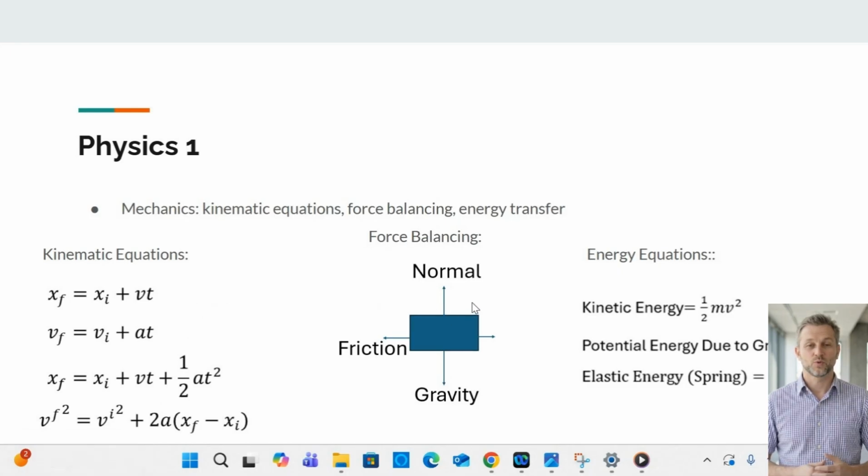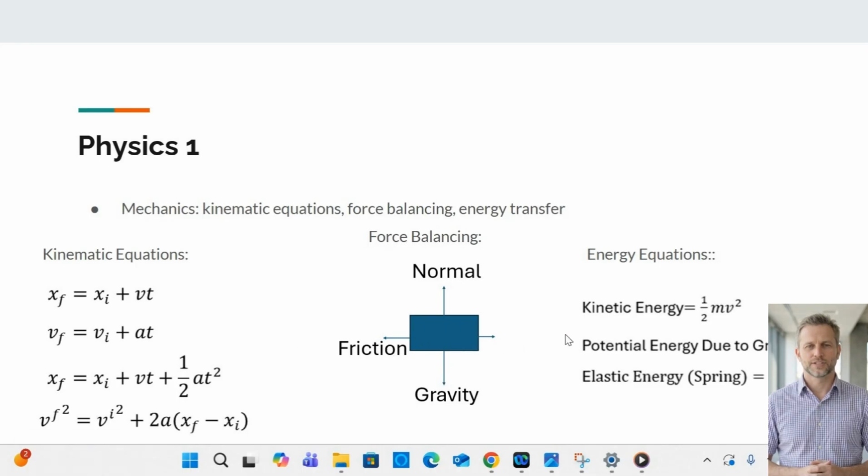You also go over force balancing, namely, you talk about gravity acting down, like if this is an object that is resting on top of a table, gravity's pulling it down. And then the normal force is the equal and opposite force that's pushing it up, so the table pushing the object up.